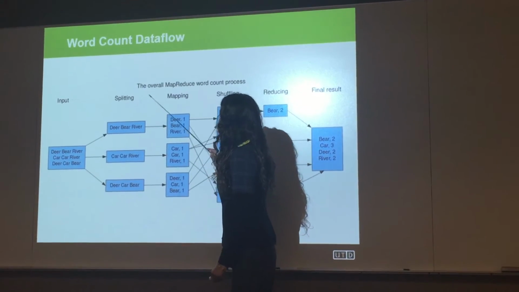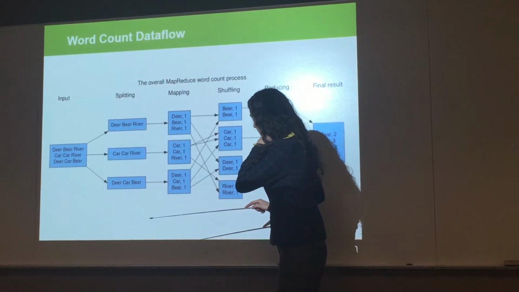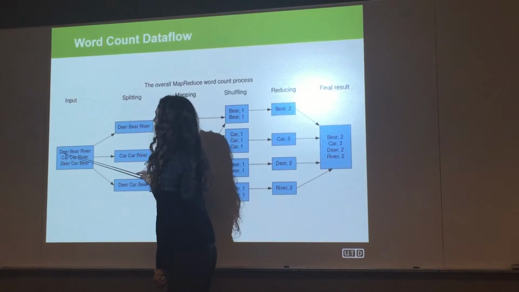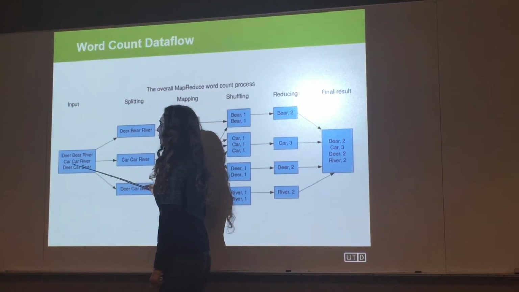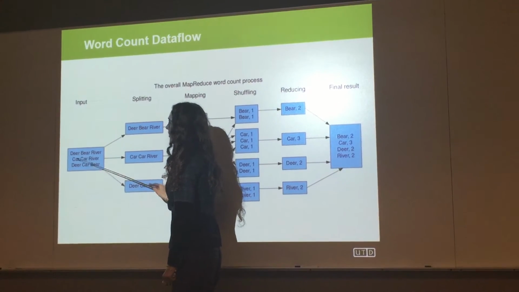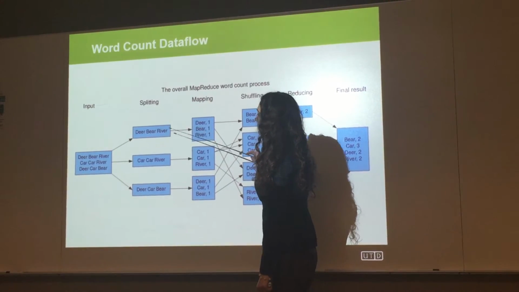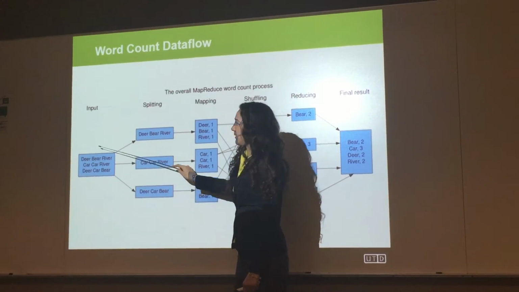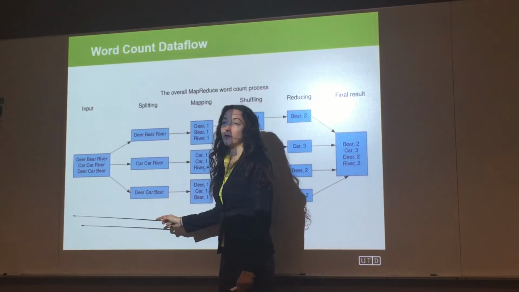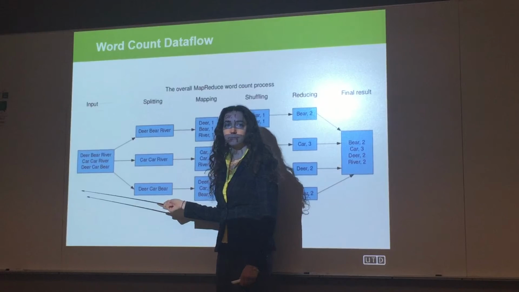Let's see an example of this word count program. So it takes as an input lines with words. In this case, these are the words: deer, deer, river, car, something else. This is the whole file. Now imagine this file is big, or there could be several files that come in together.